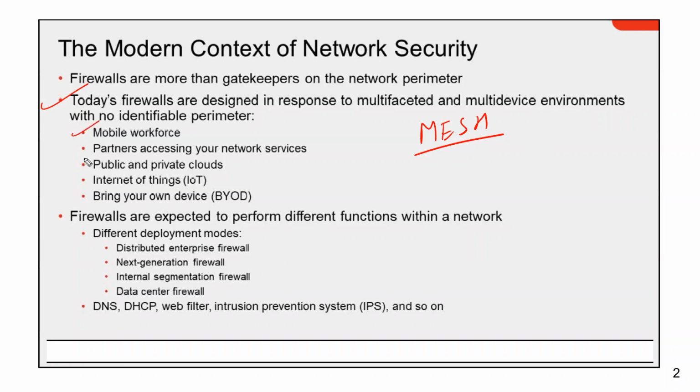Mobile workforce, partners accessing your network services, public and private clouds, IoT, Internet of Things, bring your own device: these are a part of our daily job right now. Maybe 10 years back, only a couple of companies were doing it, companies where cost was not really a problem, the top 100 or top 50 companies.